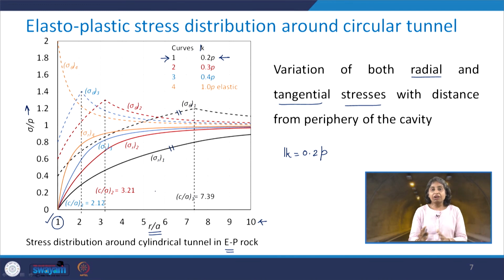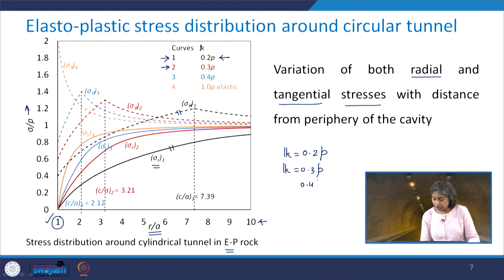The solid lines represent the radial stresses, and the dotted ones represent the tangential stresses. Similarly, red is for a yield stress of 0.3 P, blue is for 0.4 P, and the orange one is for 1.0 P. That means when the yield stress becomes equal to the in situ stress.